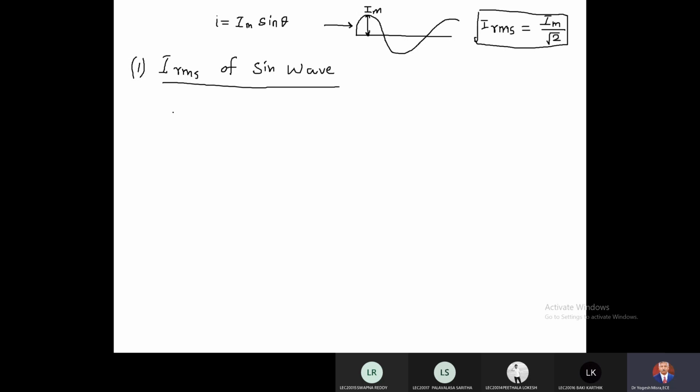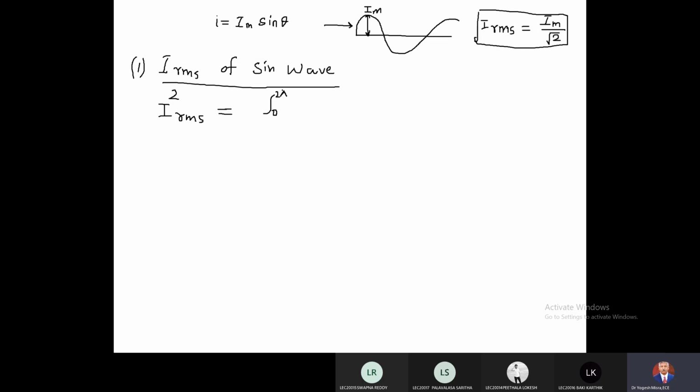For the calculation, you should use this formula: IRMS square is equal to the integral from 0 to 2 pi.